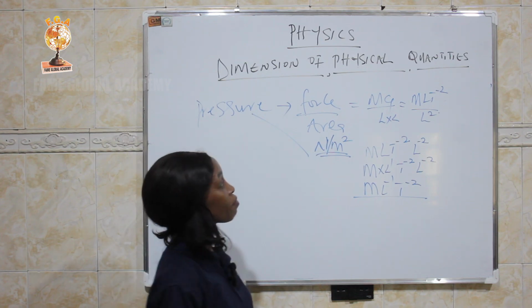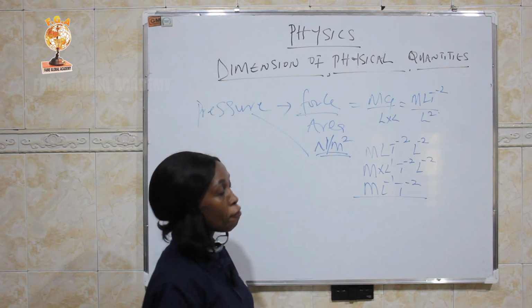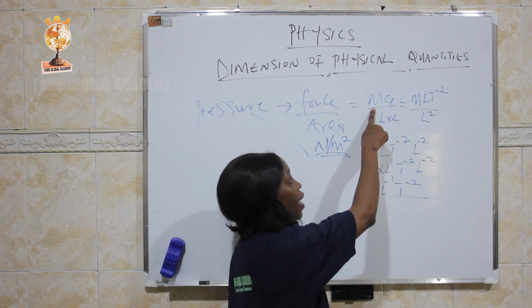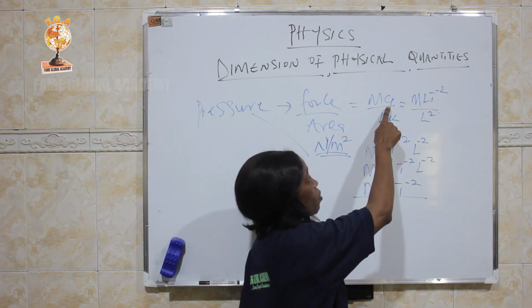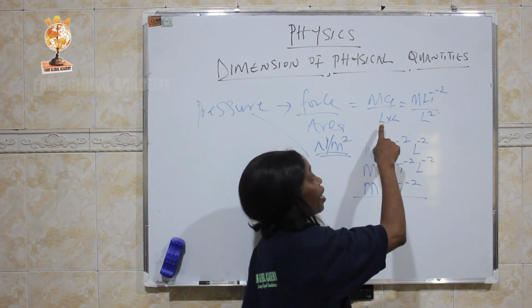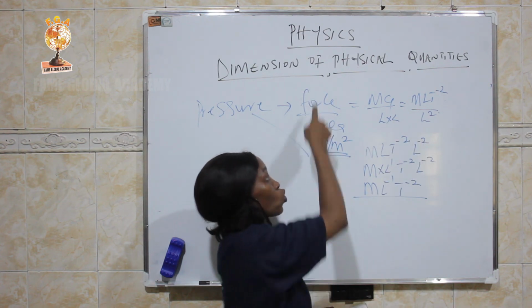I repeat again. Now, pressure is force over area. And force is mass times acceleration. Mass is M as the dimension. The dimension for acceleration is LT minus 2. We have done that. Then L square is the dimension for area because it's force over area.